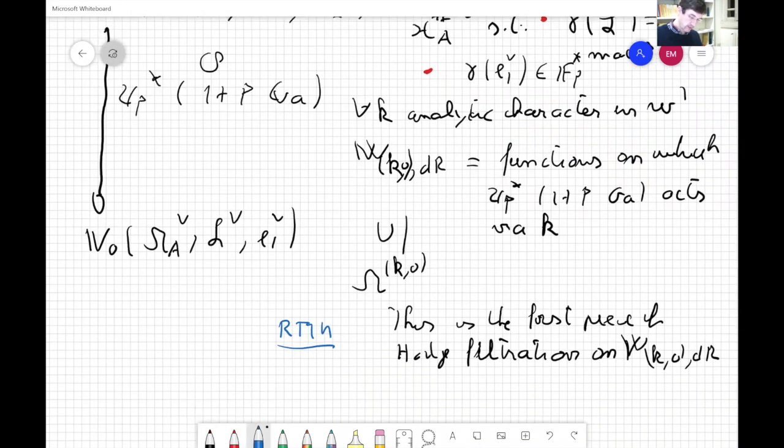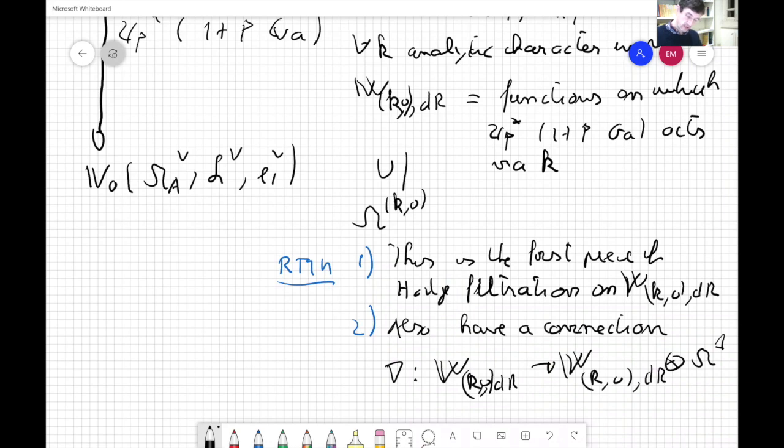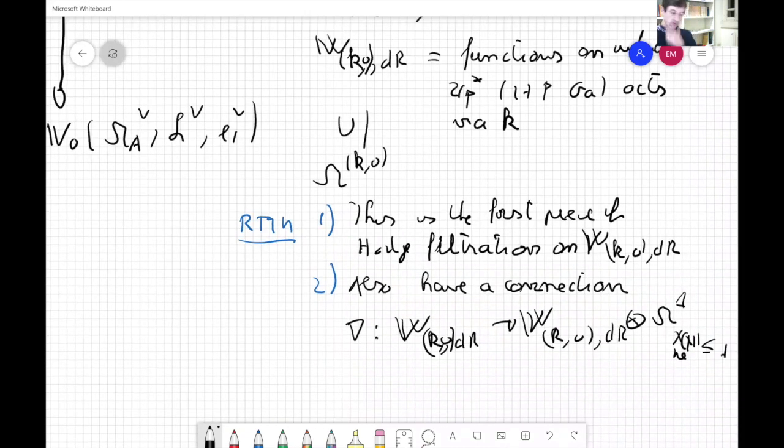That's remark 1. And remark 2, we also have a connection that goes from this WK0 de Rham to WK0 de Rham tensor omega 1 on X_n, well, again, Klingen, let's say equal to 1. Sorry about this. And so we can form the de Rham complex of this.